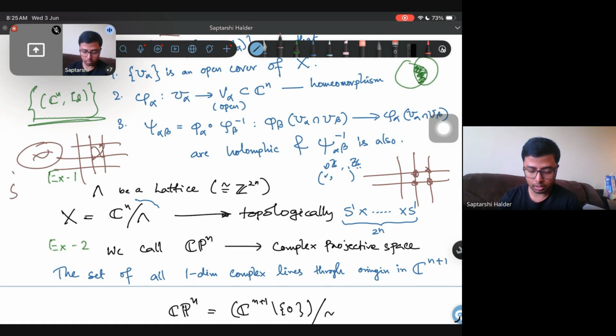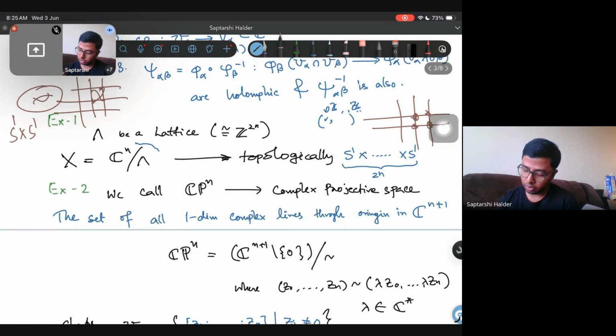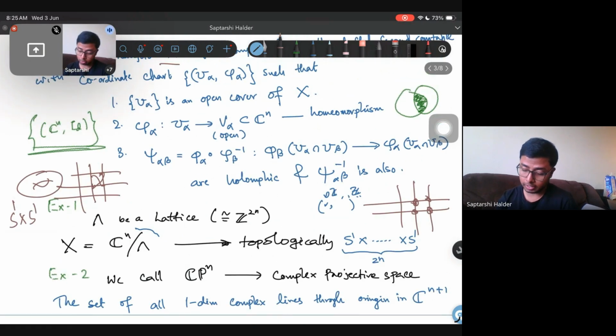And this is precisely S1 cross S1. Okay, so this is a complex manifold, but we have not yet defined the charts or the atlas here. We can define it, but I have not defined it here. Okay, but it's a complex manifold, and you can check that.